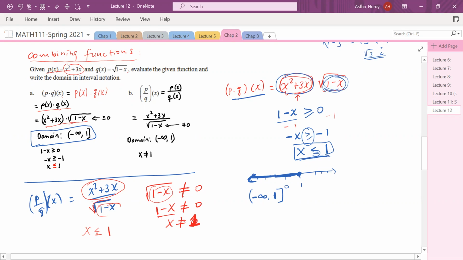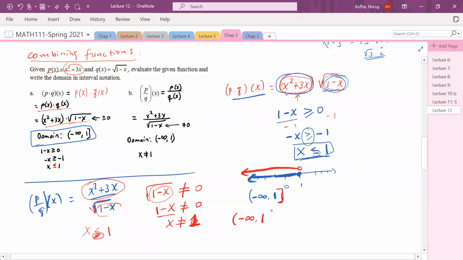Therefore, what we do is we remove this equality. Okay, because here we have the restriction, so we remove this equality, and the remaining, they are the same. Therefore, the domain becomes negative infinity to 1 instead of this square bracket. Now you see the importance of this square bracket and the parentheses.